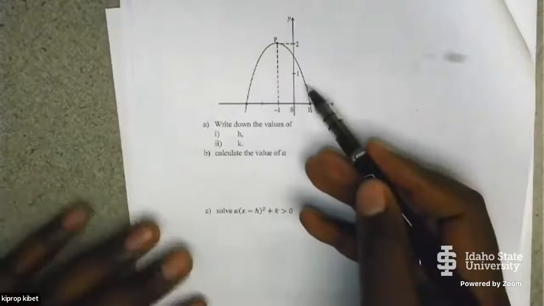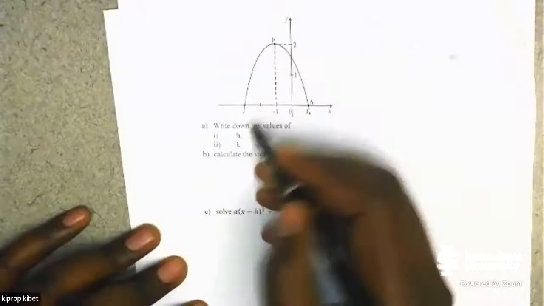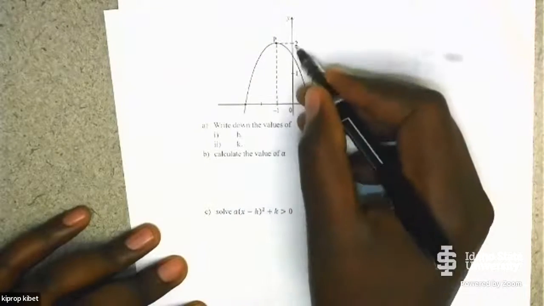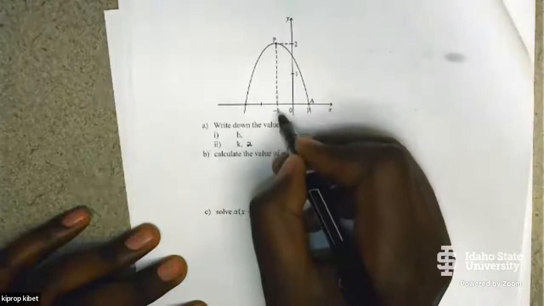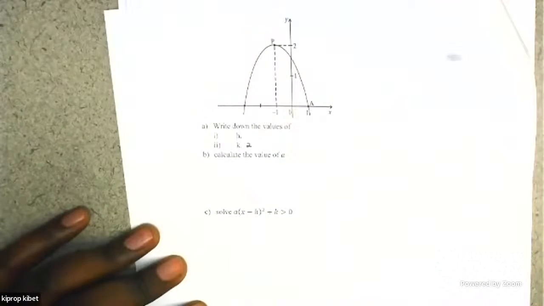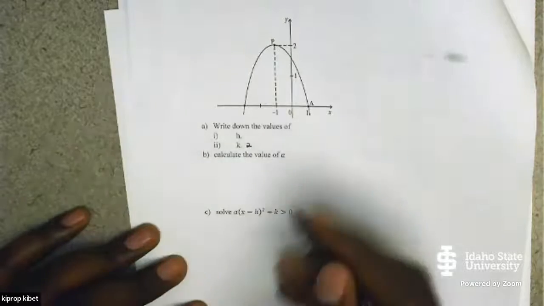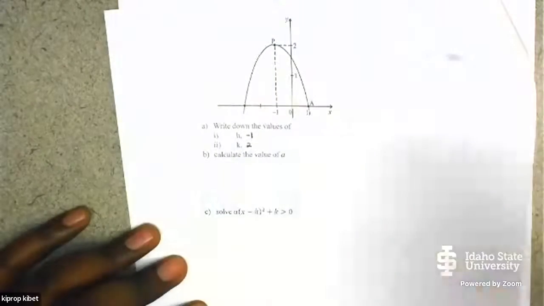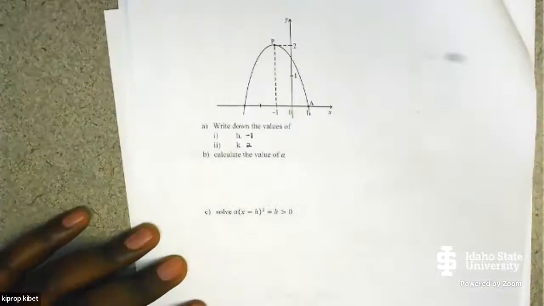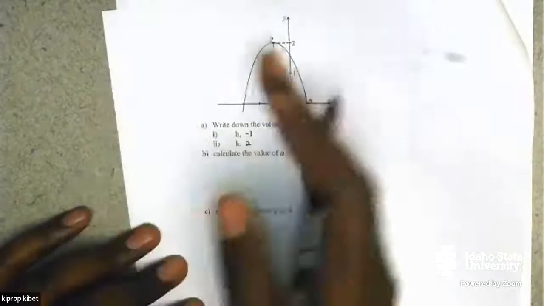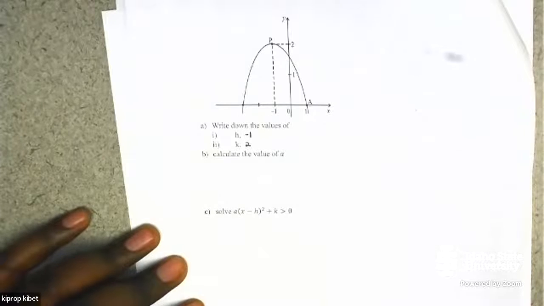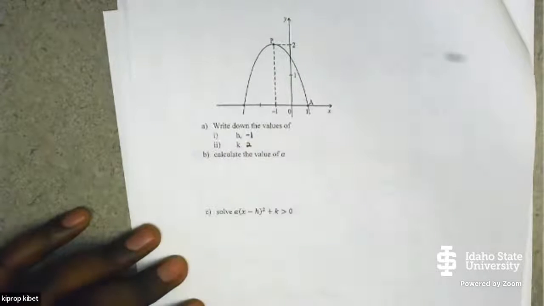So in this case, it is up here. So that means our k is what? And our h is what? Our h should be negative because we moved to the left. Now calculate the value of a.